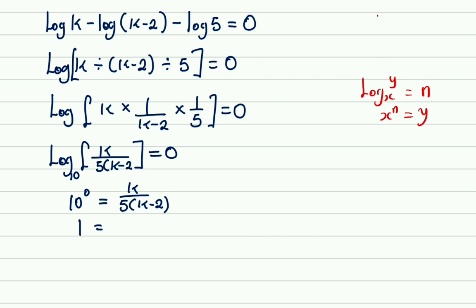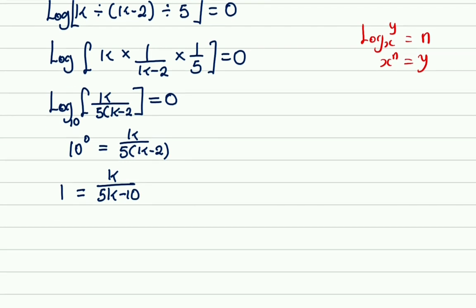So this is going to be 1 is equal to k all over 5k minus 10. Cross multiplying now, I'm going to have 5k minus 10 is equal to k. Collecting like terms, I'm going to have 5k minus k is equal to positive 10.